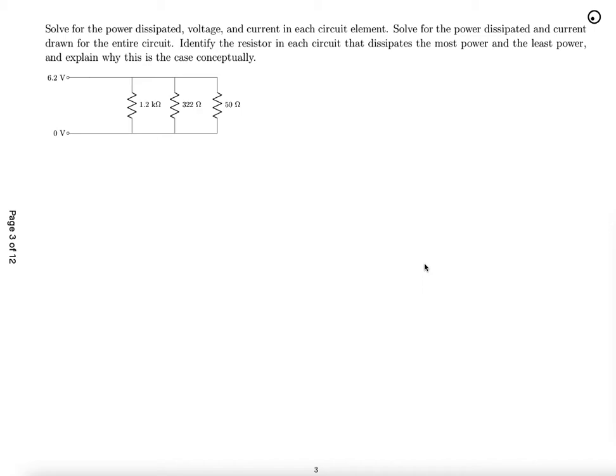Now this problem I have given on homework. It is the same as the previous problem, and I'm going to help get you set up here.